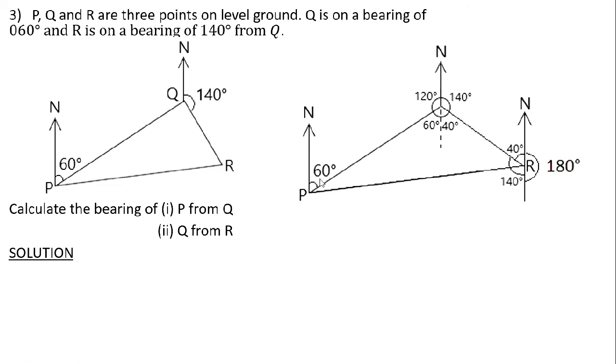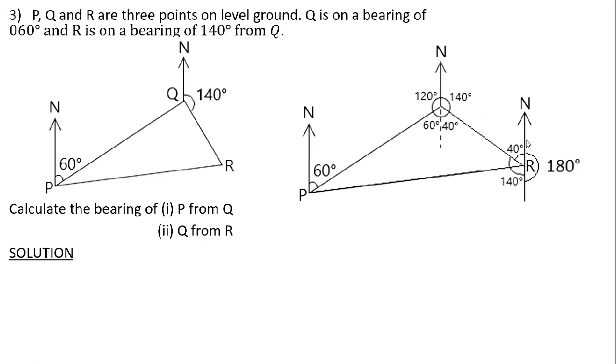Then alternate angles are equal. If this is 60 degrees, it means that alternate angle should also be 60. Angles on a straight line add up to 180. So to find that angle there, we'll have to subtract 180 minus 60, which is giving us 120.